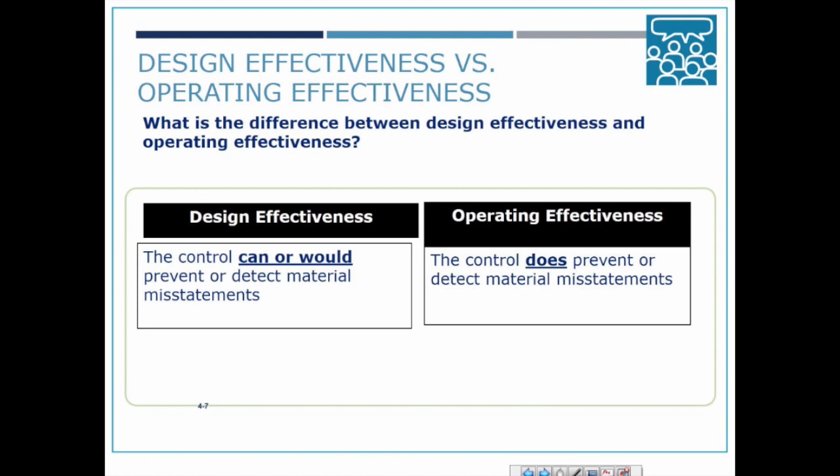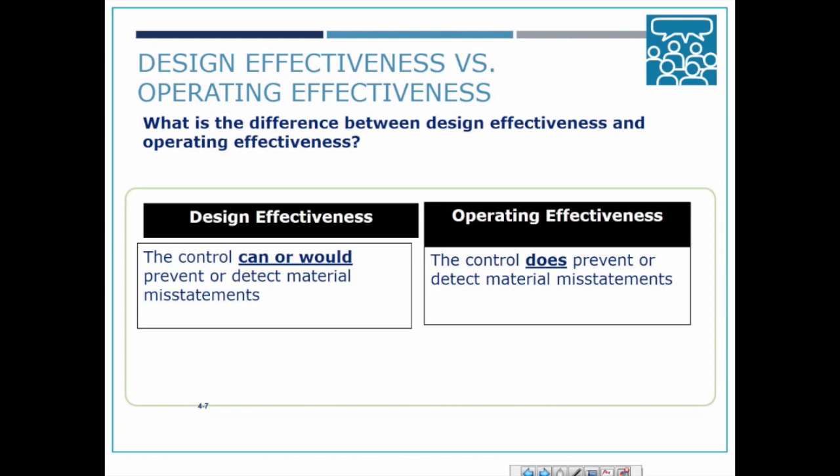Whereas operating effectiveness is the control does prevent. And so you can design it. It can be designed to do that, but it's not operating effectively. It might not operate effectively because the person who's responsible for carrying out that control is ill-equipped to do so.